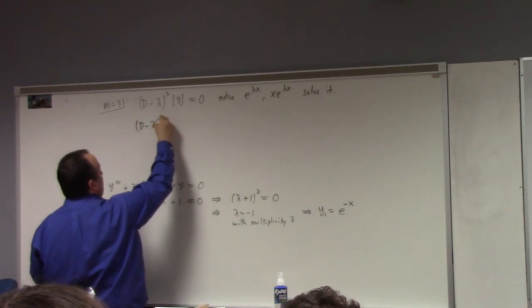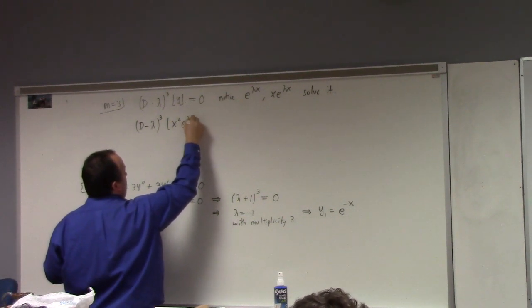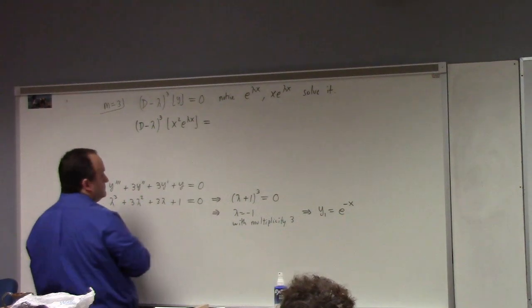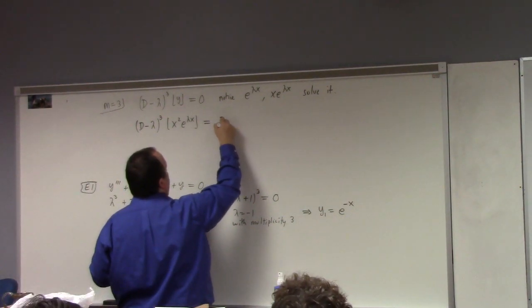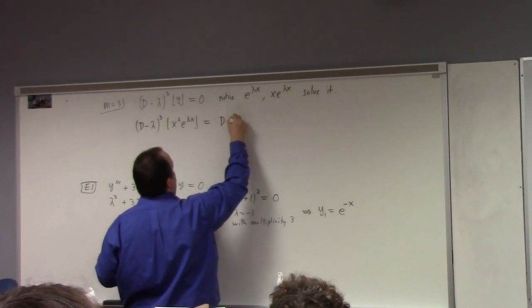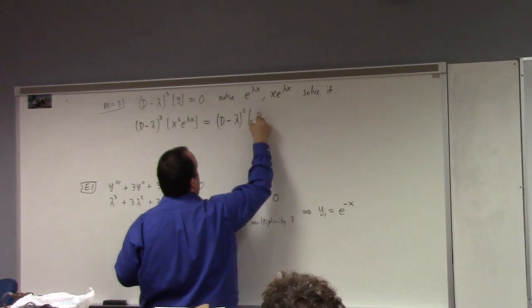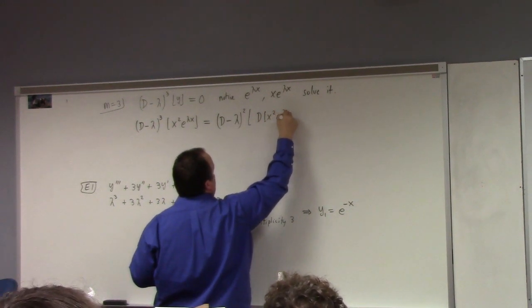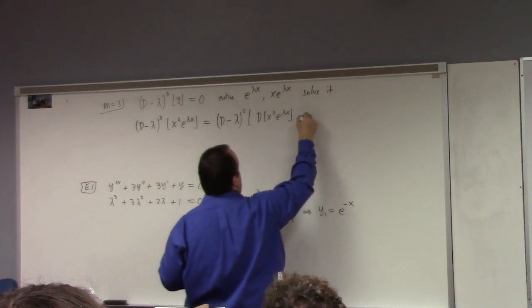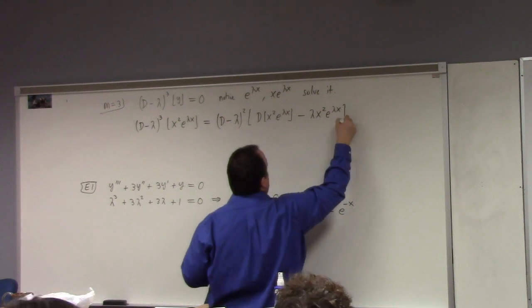But let's look at the next one in question, x squared e to the lambda x. How's that go? So what we're looking at here is (D minus lambda) squared, right? Acting on, the differentiation operator acting on x squared e to the lambda x, and then minus lambda times x squared e to the lambda x. Do you guys follow me here?